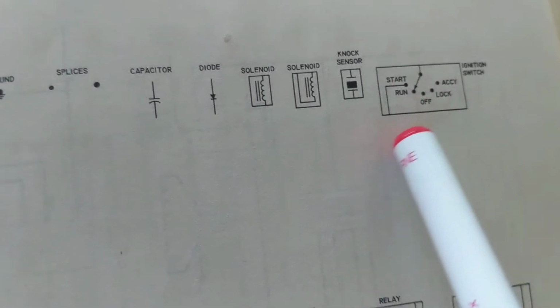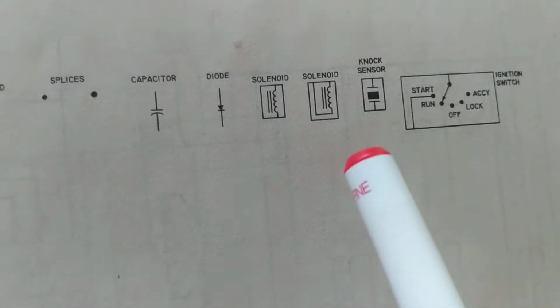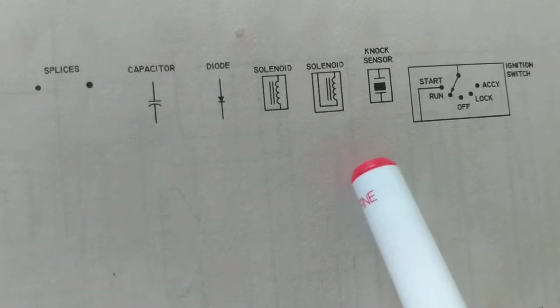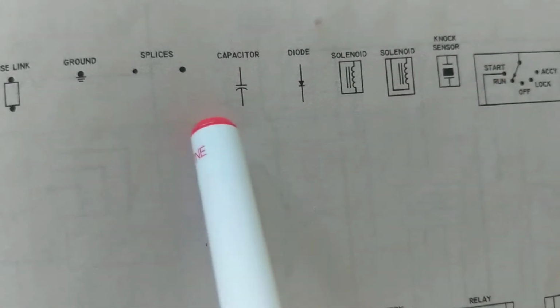Okay, now the other thing is the abbreviations or the components or symbols for them. This is a chart of basically components that are used very, very often. Knock sensor, which gives you pre-ignition, so you know the level. Solenoids, diodes, these are the popular ones.